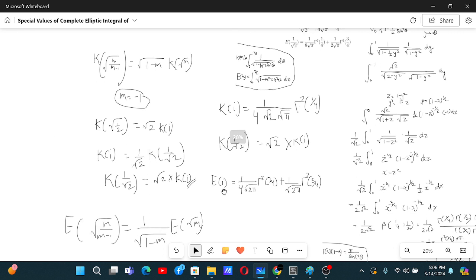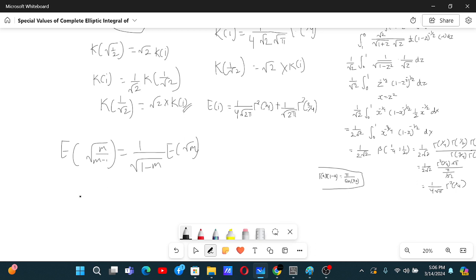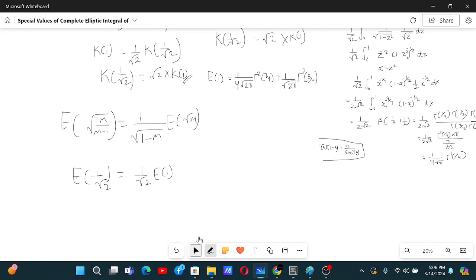Now we know from this formula that E of 1 by root 2, if we put m equals to minus 1, is 1 by root 2 times E of I. Now putting in the value, that gives us 1 by 8 square root pi times gamma squared of 1 by 4 plus 1 by 2 root pi times gamma squared of 3 by 4.